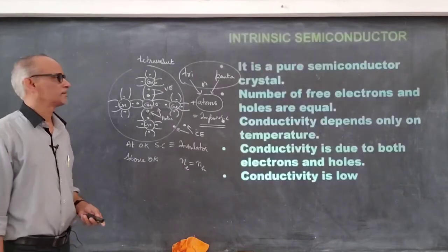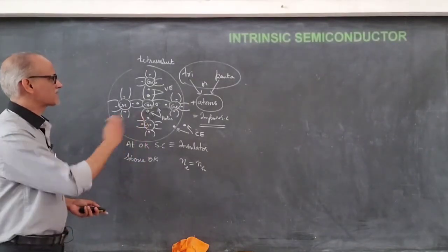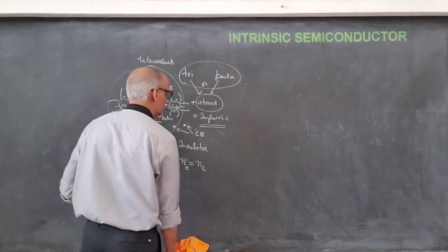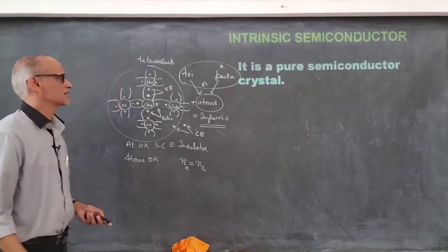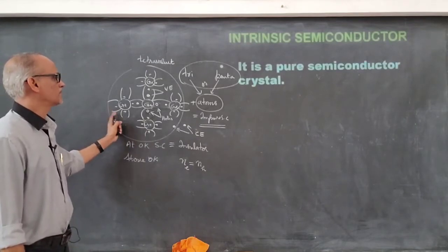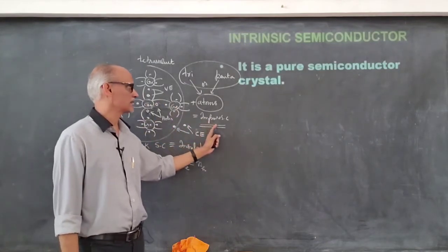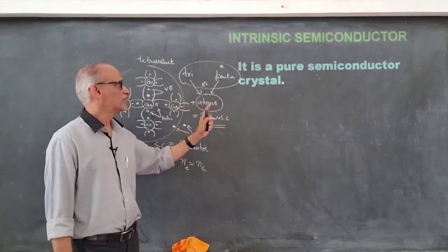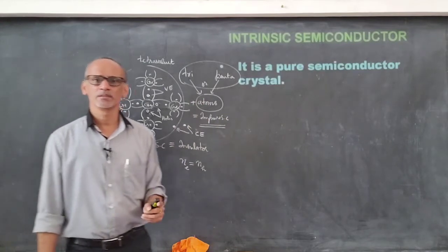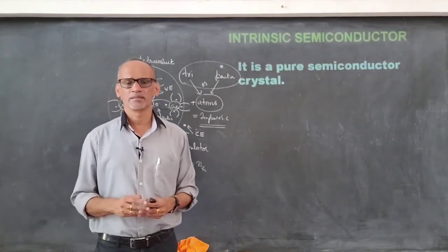So now let's compare the intrinsic semiconductor with the extrinsic semiconductor. Intrinsic semiconductor is a pure semiconductor crystal, whereas the extrinsic semiconductor is an impure semiconductor crystal, or you can even call it a doped semiconductor.